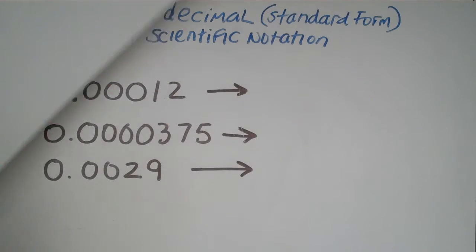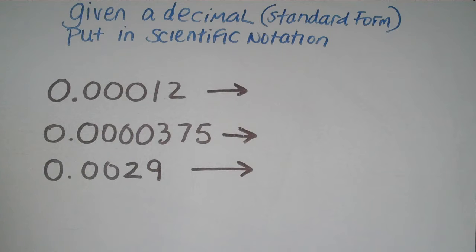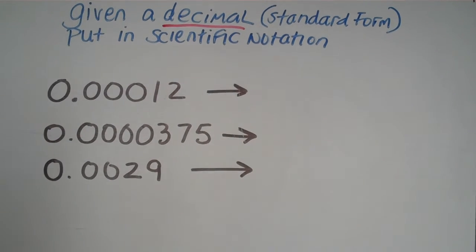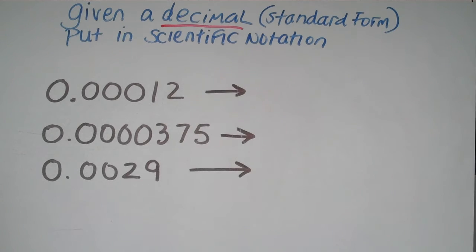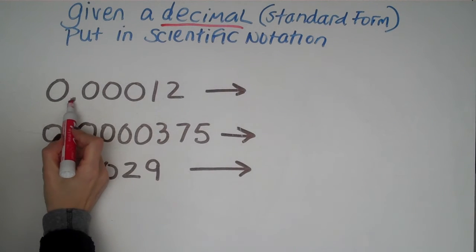Okay. What about if we were given a decimal, so standard form, and we're asked to put it into scientific notation? But this time, like I said, it's a decimal. If you remember from our last videos, anything in decimal form meant we're going to get a negative exponent. So we're going to start from the decimal.